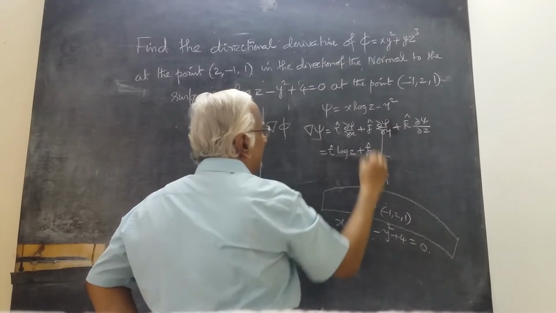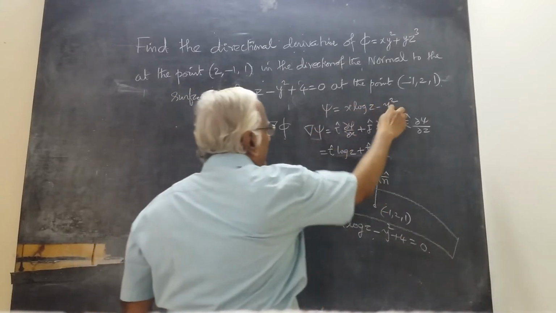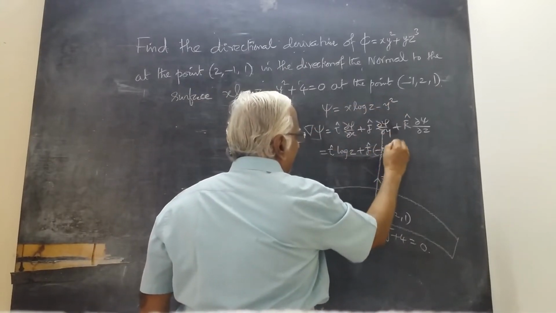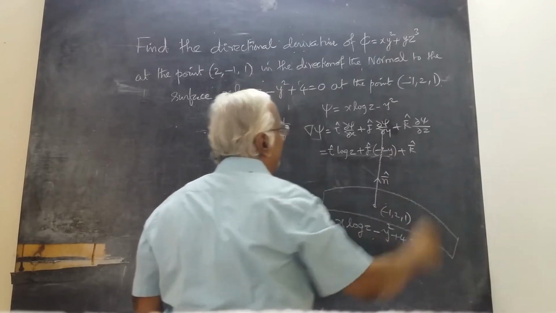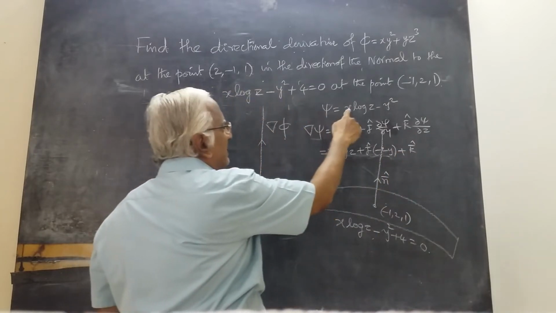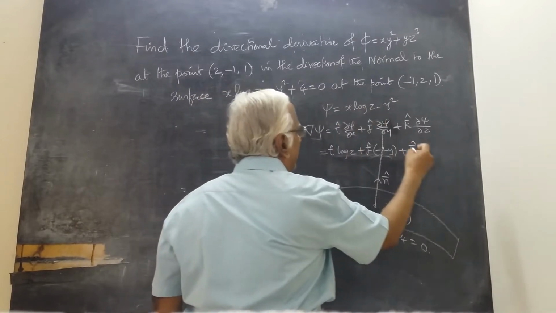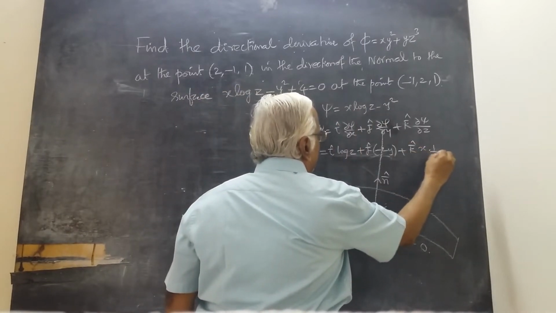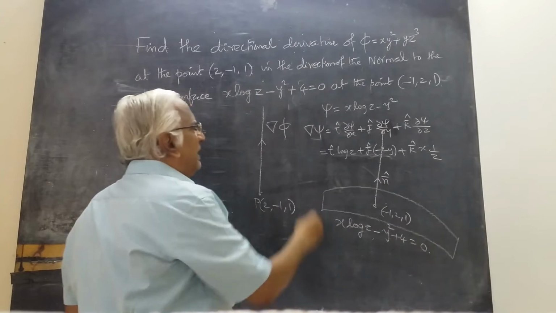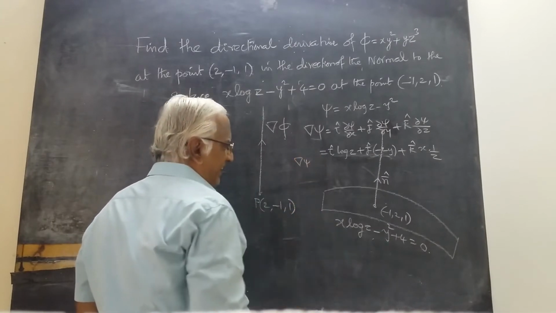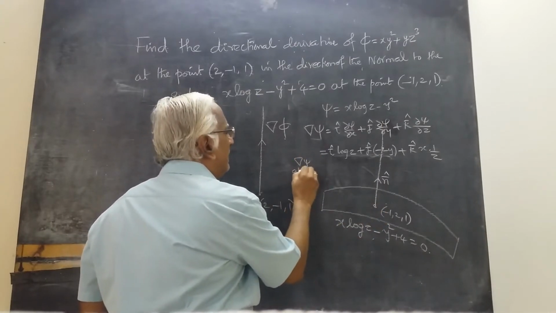Plus j, psi with respect to y is minus 2y. Plus k, psi with respect to z: x into log z, derivative is 1 by z, so x into 1 by z.